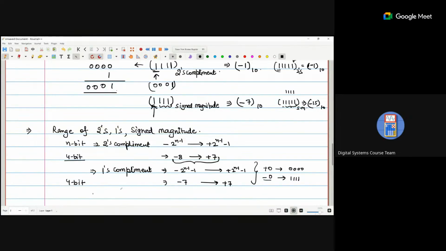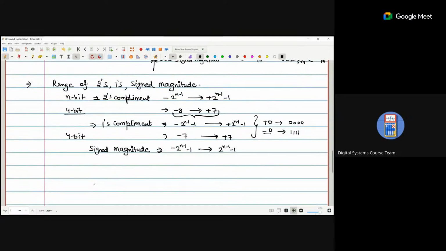Similarly, if we are talking about sign magnitude, the range is again the same: minus 2 raised to power n minus 1, minus 1 to plus 2 raised to power n minus 1, minus 1. That means for 4 bits, we can represent from -7 to +7.